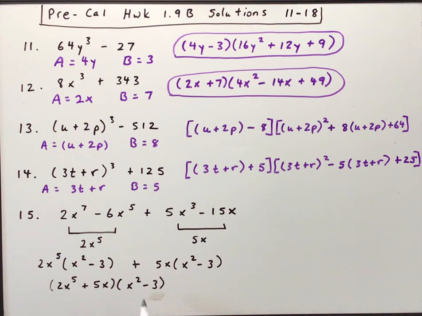Now, that 3 is not a perfect square, so we're not going to factor that anymore. Of course you could put x plus root 3, x minus root 3, but we don't do that. It would work, but it's not improving things. We can factor an x out of that first term. So we'd have an x, and then you would have 2x to the fourth plus 5.